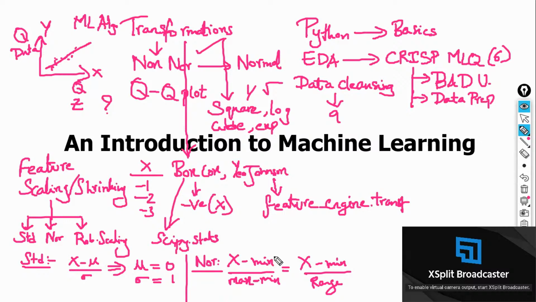So when we work on normalization, what will be the output of MinMaxScaler? Minimum of all the columns becomes 0. Maximum of all the columns becomes 1. So you are scaling all the features between 0 and 1.